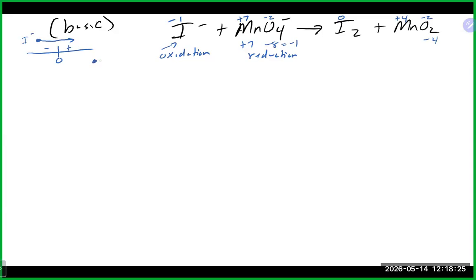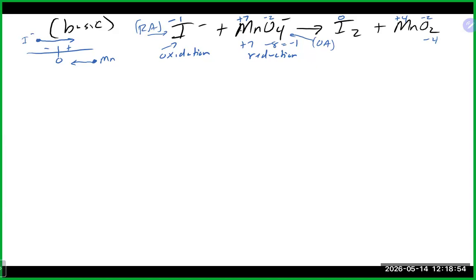The Mn is starting at +7, which would be over here, and it's ending at +4, which is moving in the negative direction and would tell us again it's being reduced. That would again mean here that our I minus is our reducing agent. Our permanganate over here is our oxidizing agent in this case. Any questions on any of that identification process there?